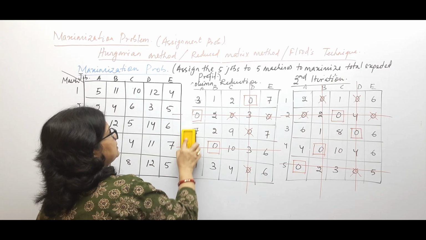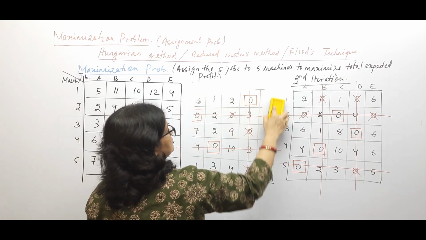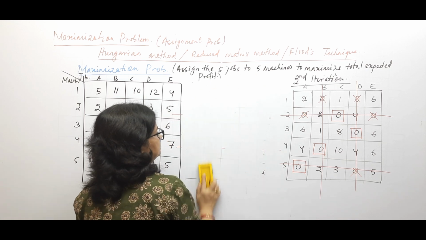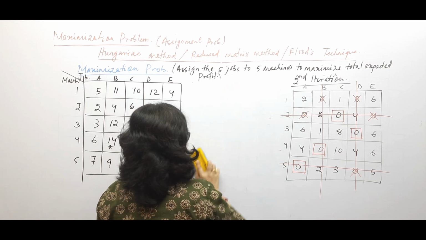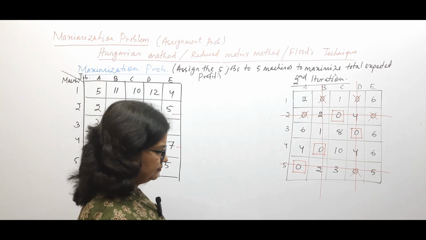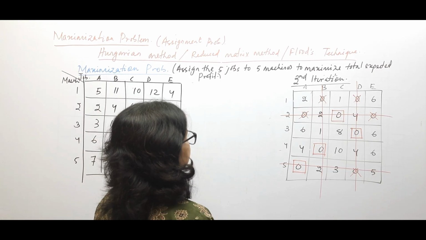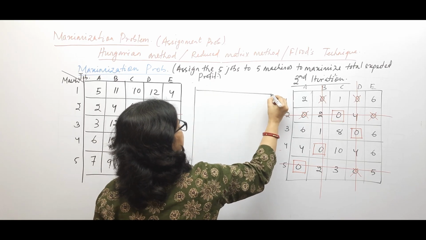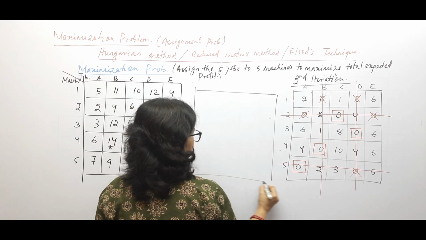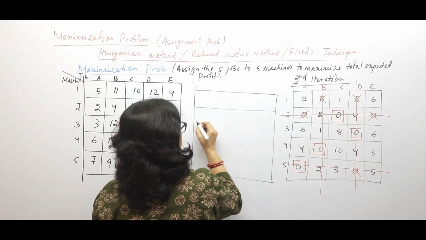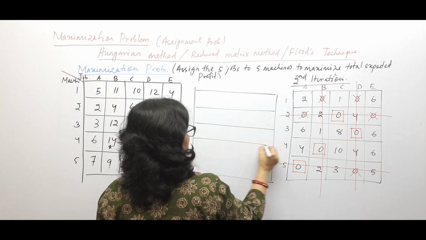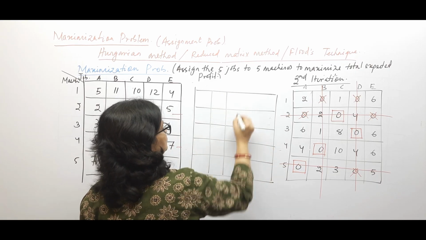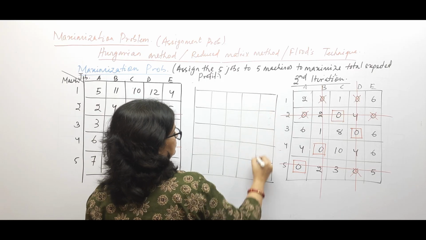Let us go for doing the third one. 1, 2, 3, 4, 5. 1, 2, 3, 4, 5.